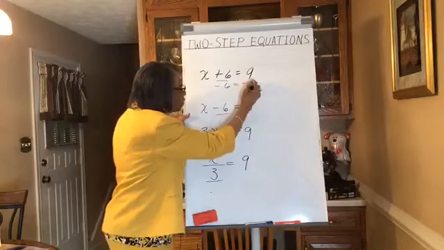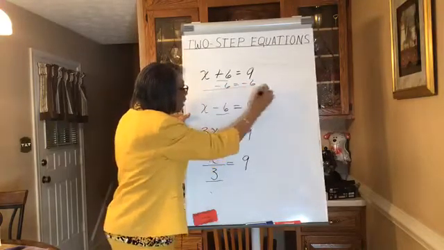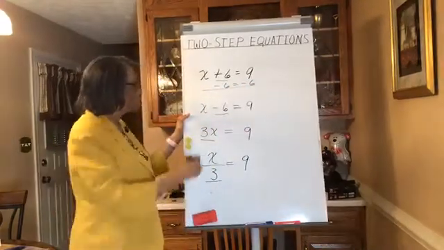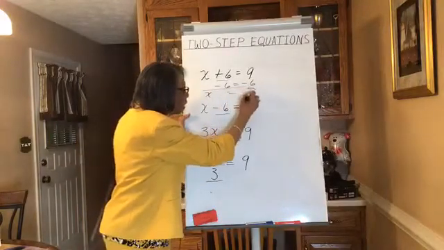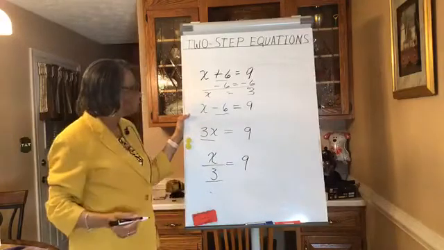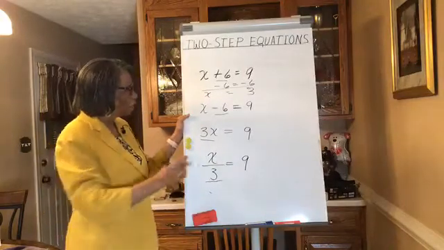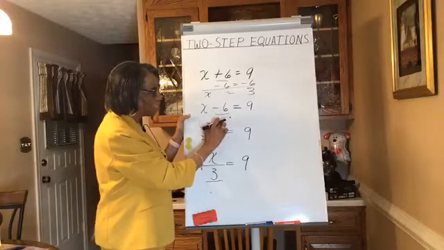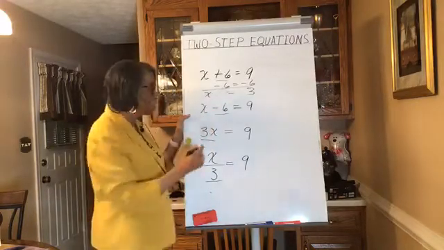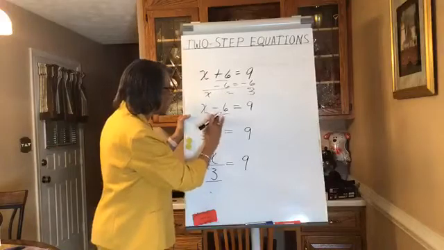And we have to do the same operation on both sides. So x equals 3. All right. What is being done to the variable here? Subtracting 6. What's the opposite of subtracting 6? Adding 6.